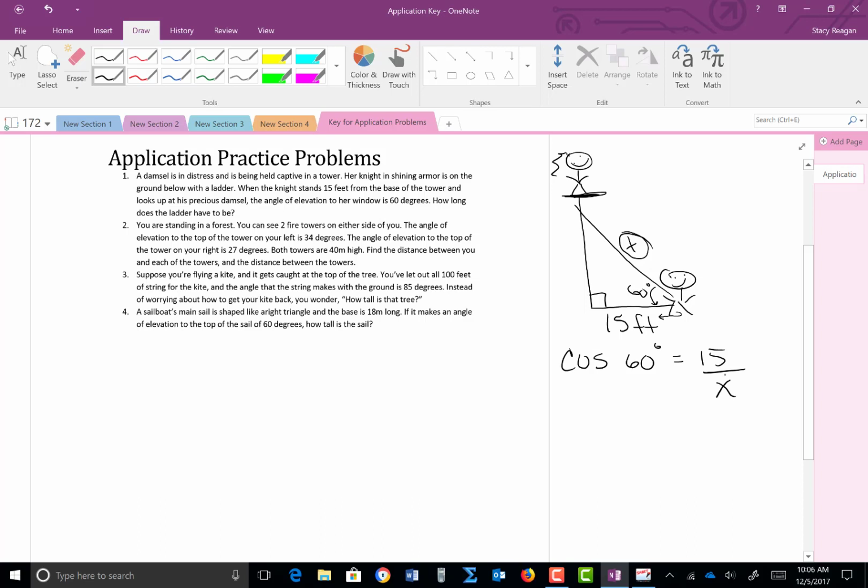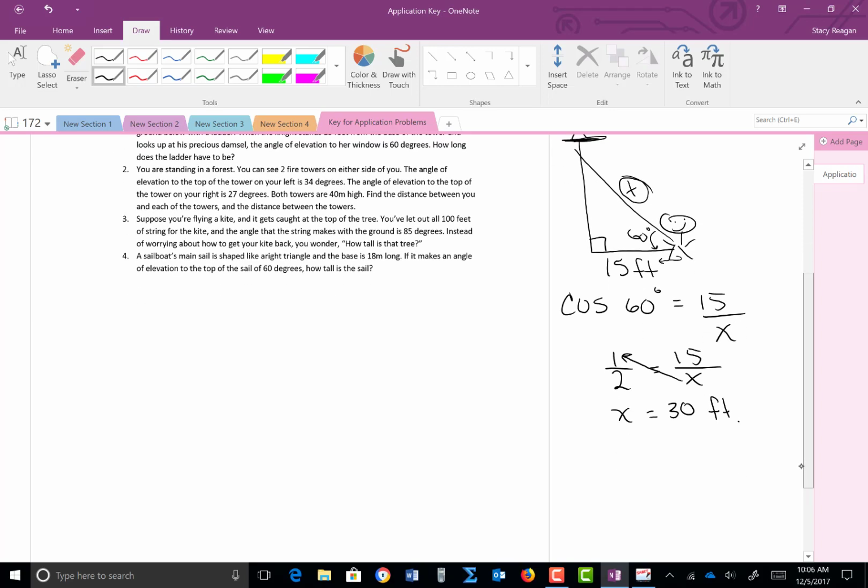Cosine of 60 is one of those standard trig functions that we should know. So the cosine of 60 is 1/2. And when we do our math, we have x times 1 is x, and 2 times 15 is 30. So my ladder needs to be 30 feet long.